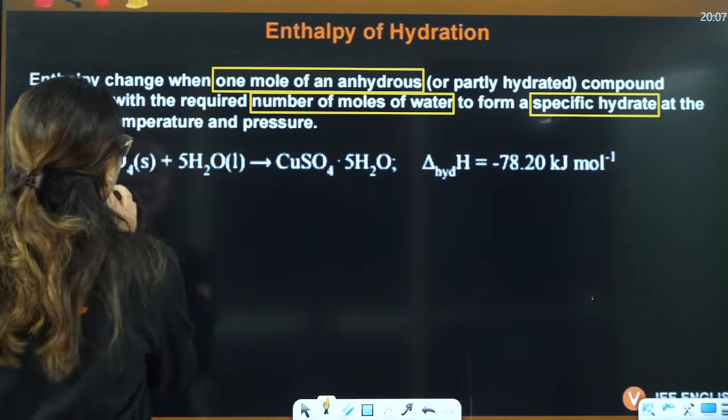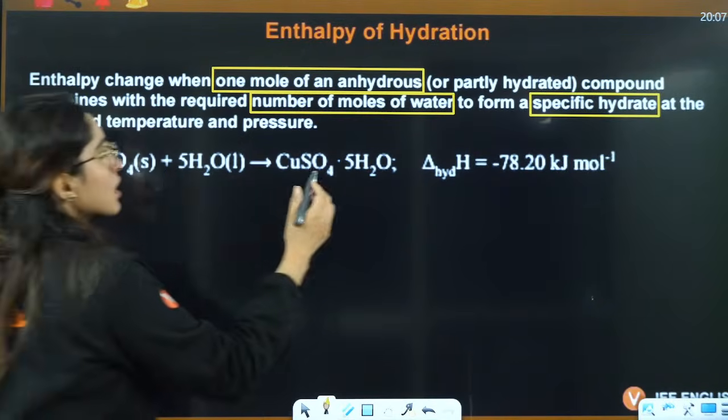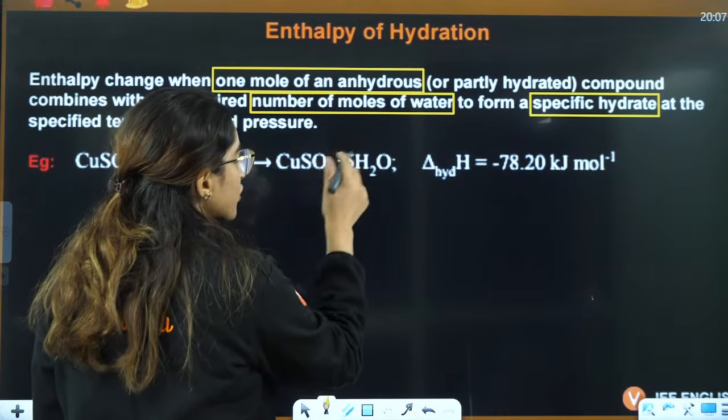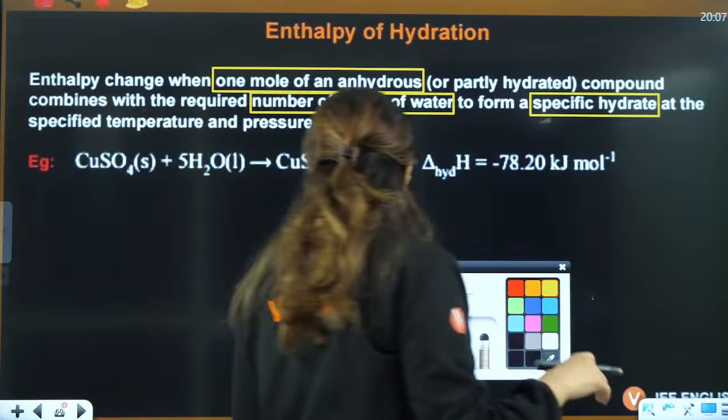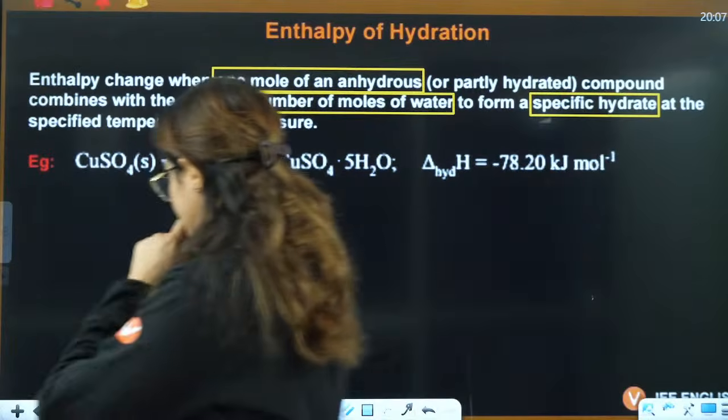When anhydrous CuSO4 combines with water of crystallization to form hydrated copper sulfate, that is called delta H of hydration.